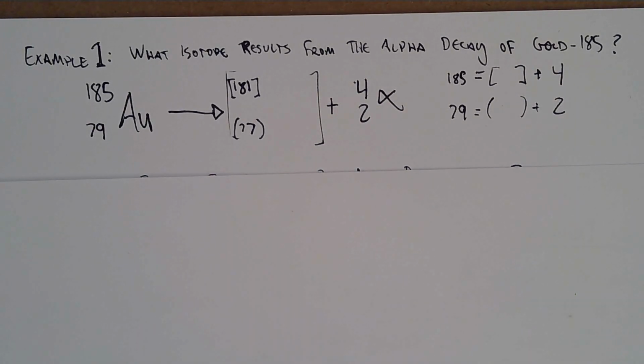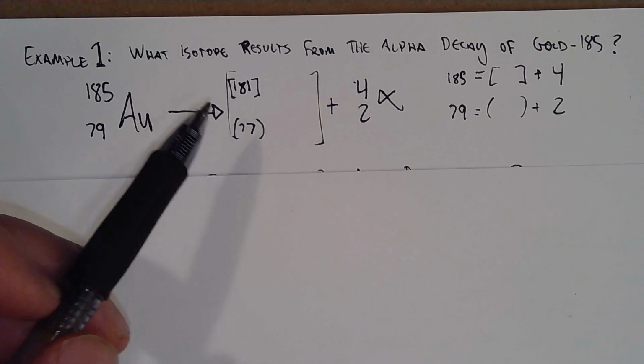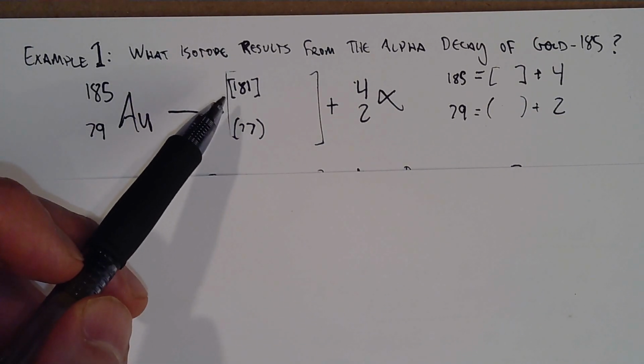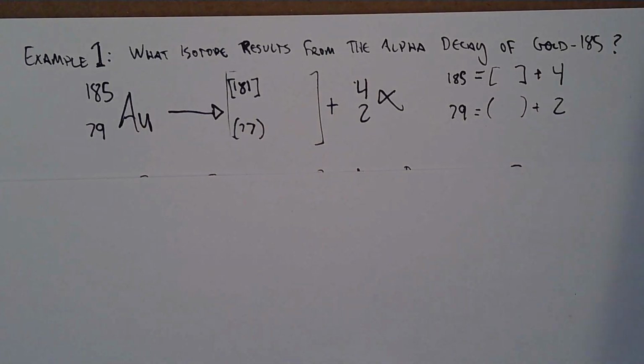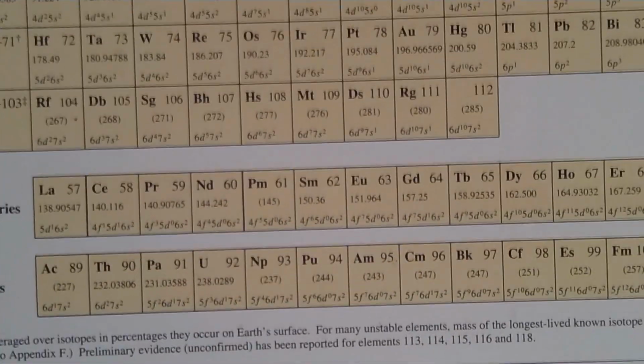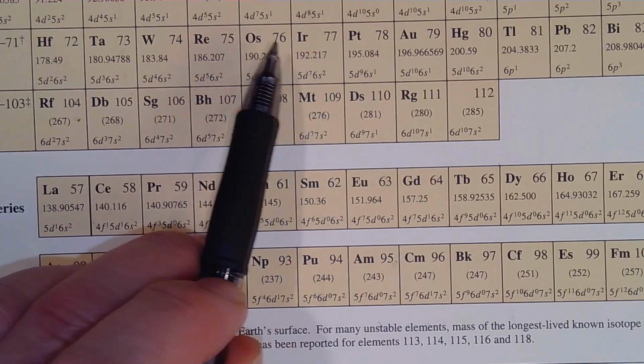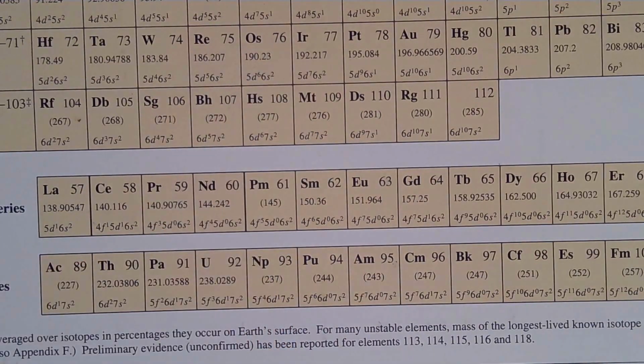All right, so let's break out our periodic table here and see what we can see. Now, we know that we have to find something that has an atomic number of 77, atomic weight around 181. So we break out our periodic table here. 77, right here, iridium.